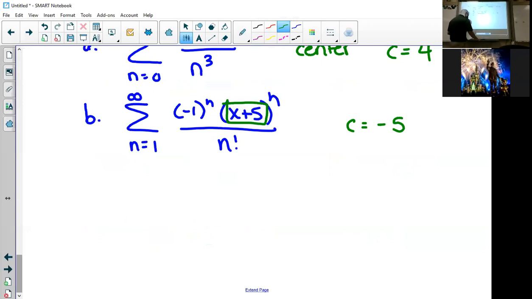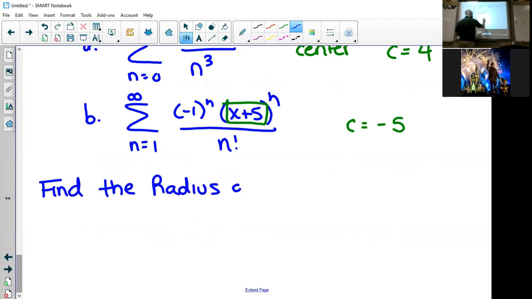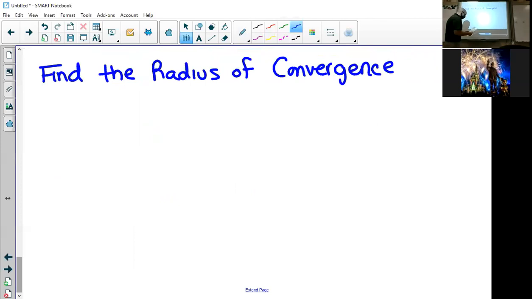Let's go ahead and take a look at finding the radius of convergence.